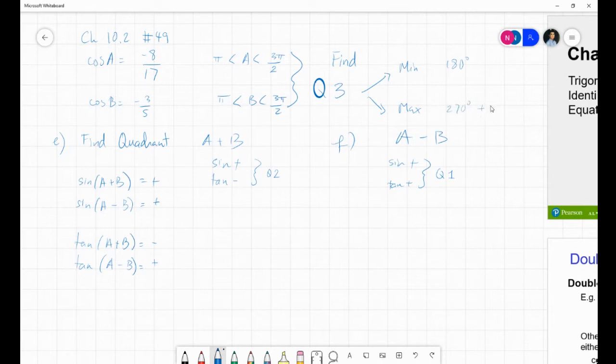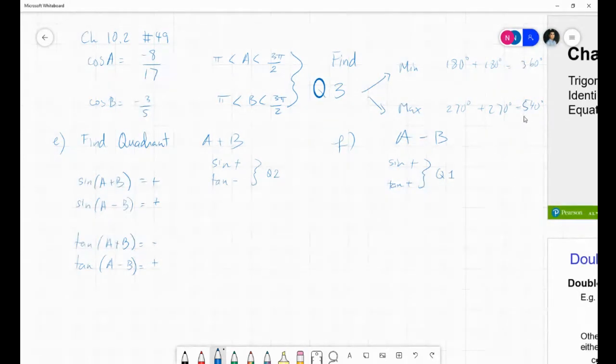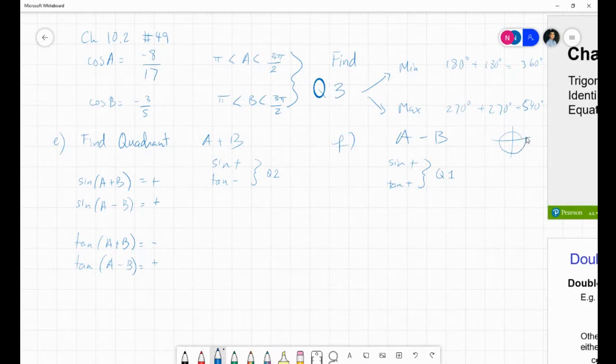So let's say I have two of them at the minimum value, that's 360, and two of them at the maximum value, that's 540, right? 360 is here, and 540 is all the way over here.